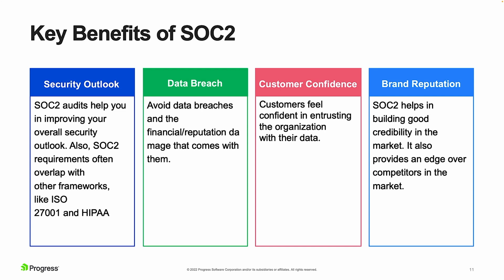You are also building the basis for other frameworks which overlap with SOC 2, such as HIPAA. And like we discussed earlier about data breaches, it is a big issue. SOC 2 compliance helps you avoid such data breaches, and it also helps you prevent the damage that they have on your finances and reputation.